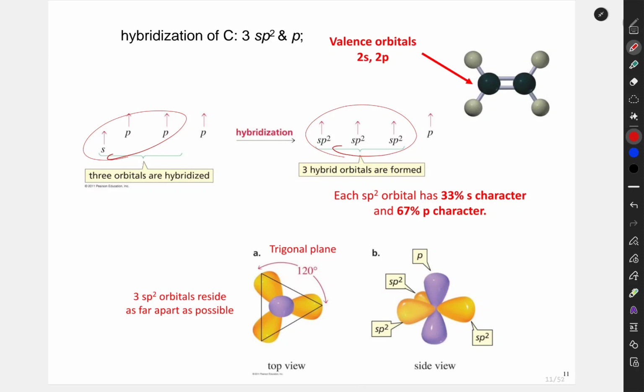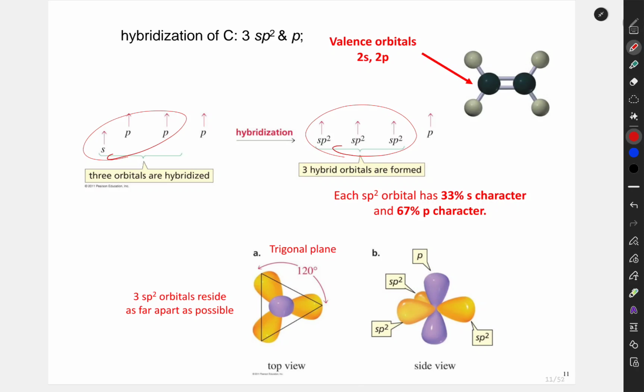And again, following the VSEPR theoretical model, these three sp2 orbitals reside as far apart as possible to minimize the hindrance. That's why this trigonal planar structure is given.